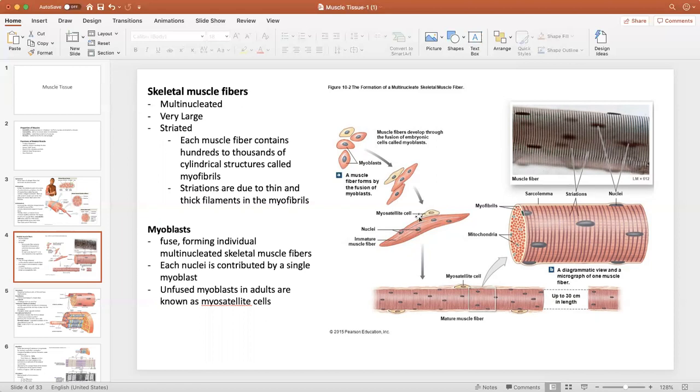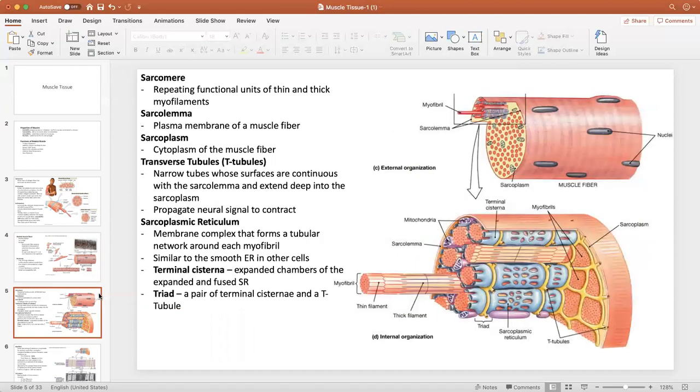As all of them fuse, we form multinucleated skeletal muscle fibers, which are then striated, and we'll look at why they're striated in a minute. And then the unfused myoblasts are left as myosatellite cells in adults.